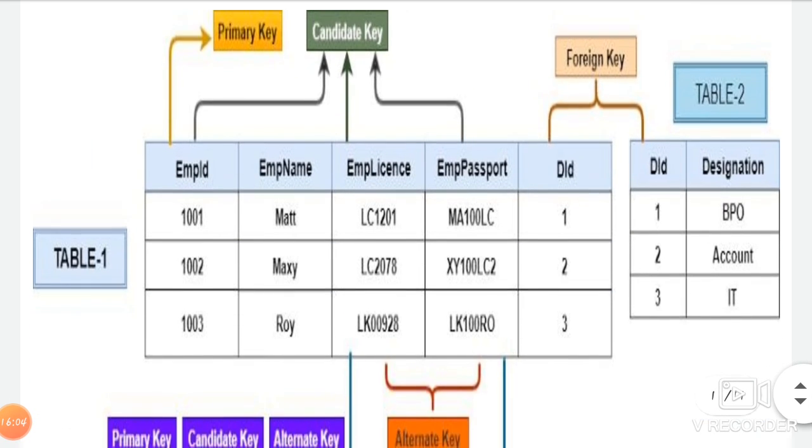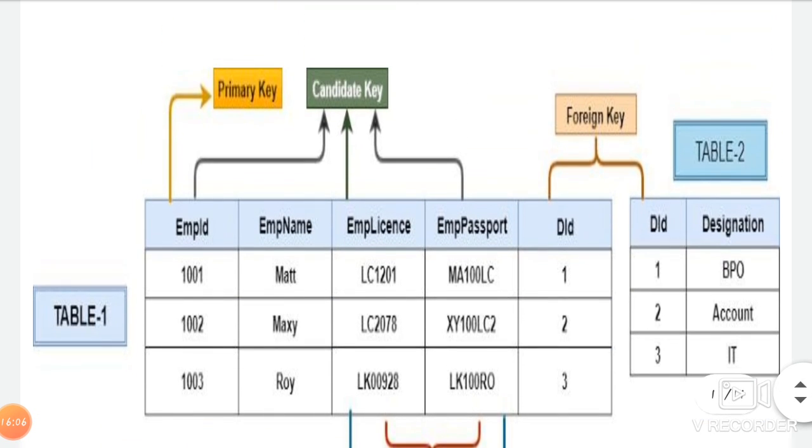Last one, we are going to summarize all the keys in this table itself. Look here, employee ID in table 1 and table 2. In table 1 we have 5 attributes: employee ID, employee name, employee license, employee passport and department ID. In table 2 we have 2 attributes: department ID and designation.